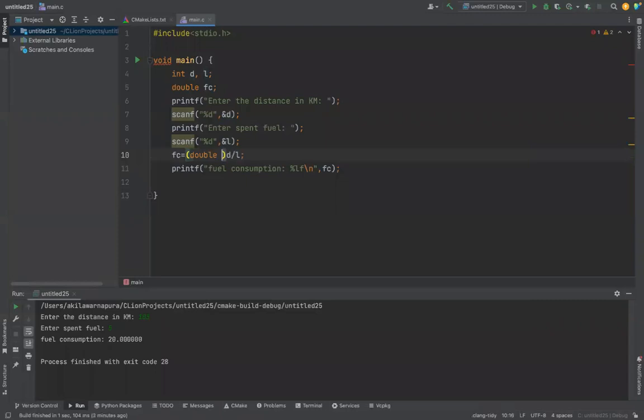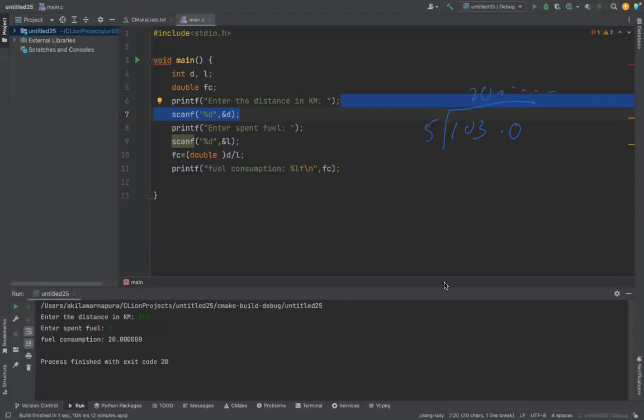Let's say double. Okay, then this D, 103, will automatically convert to the double, and L is an integer, then 103 will become 103.0. If you put double, it will become 103.0. Then 103.0 divided by 5, you can get 20 point whatever the value.